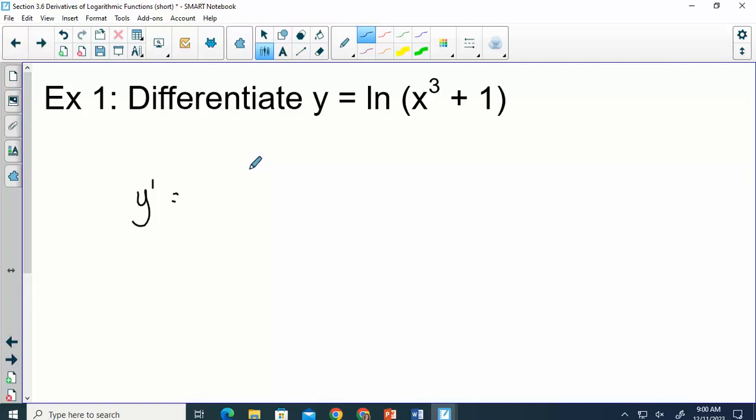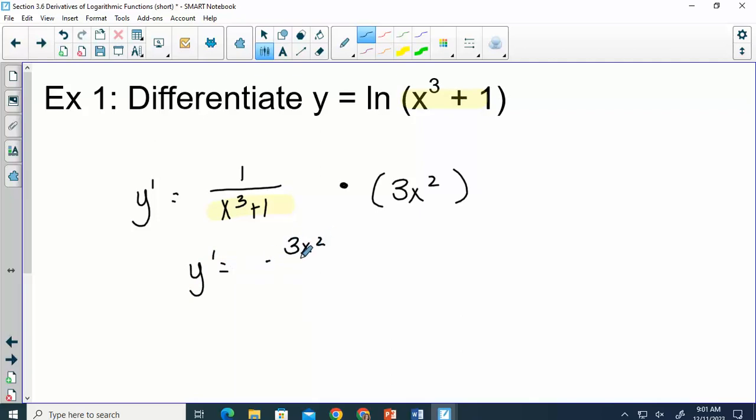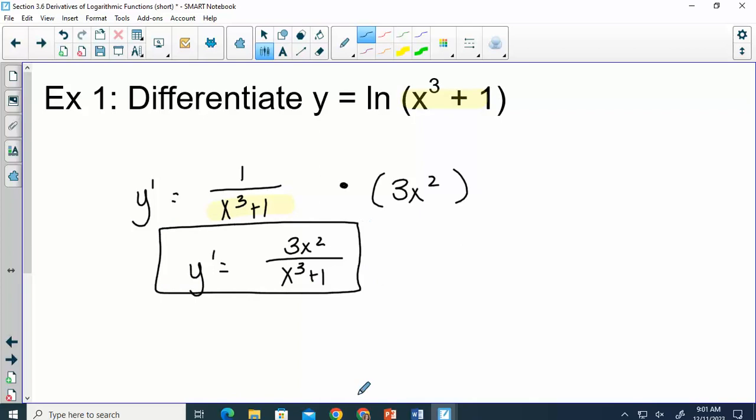Over the argument. But we do have to do chain rule here, so times, what's the derivative of the inside? So our derivative is 3x squared over x cubed plus 1.